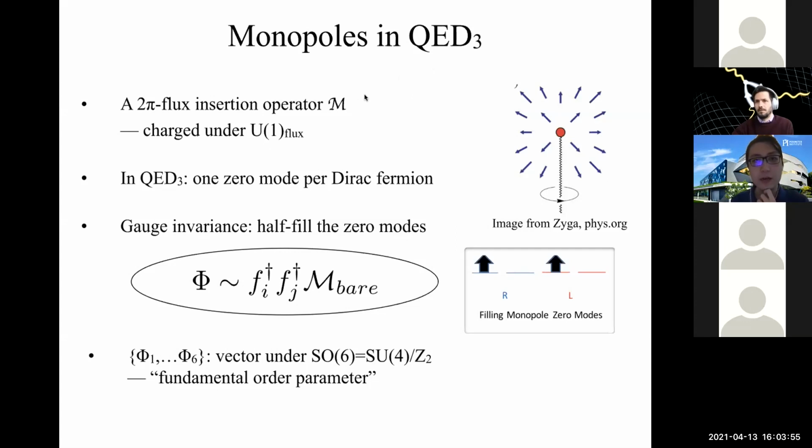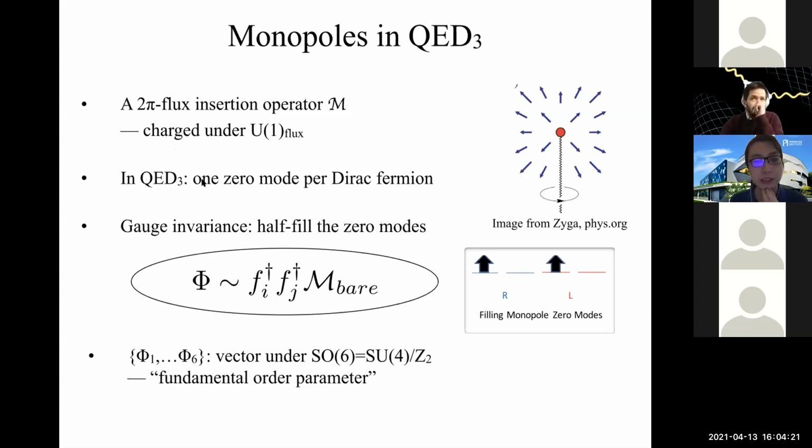So you can think of the monopole operator as basically defined as an operator that inserts some 2π flux of the emergent U1 gauge field. The other way to say it is that it's charged under an emergent U1 symmetry, which corresponds to the conservation of the gauge flux.